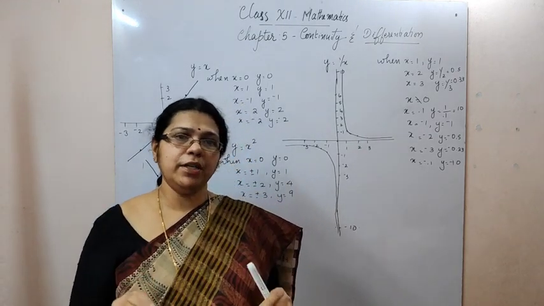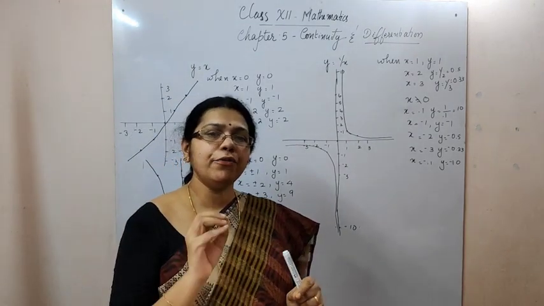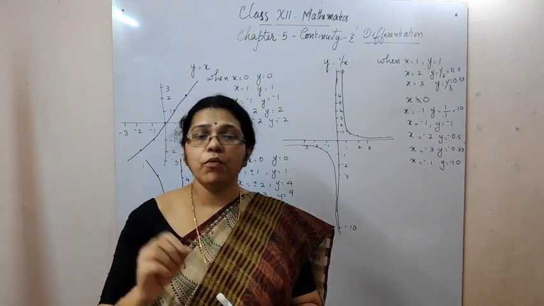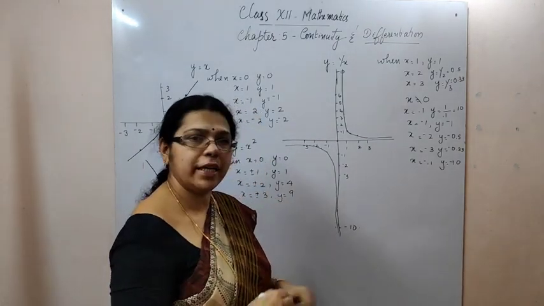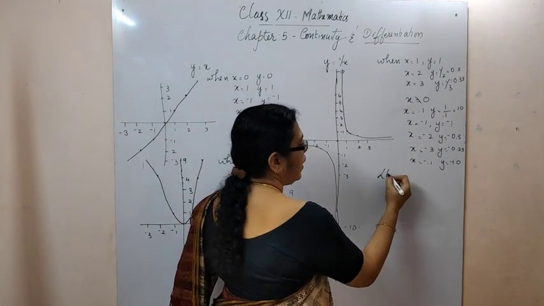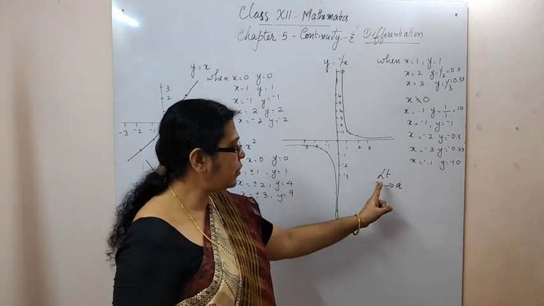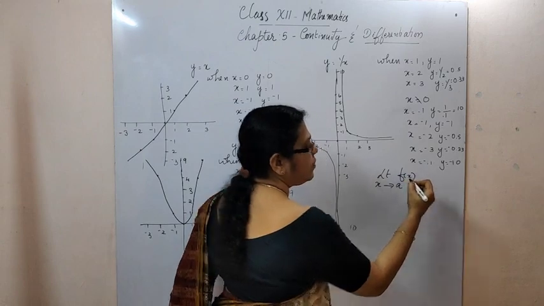In a function, as the value of x tends to a particular value, what is the value of the function? That is what we had notated. Limit of x tending to a, f of x. What does this mean?